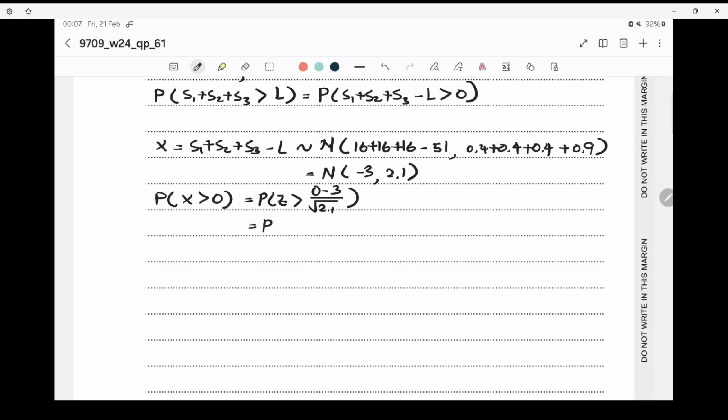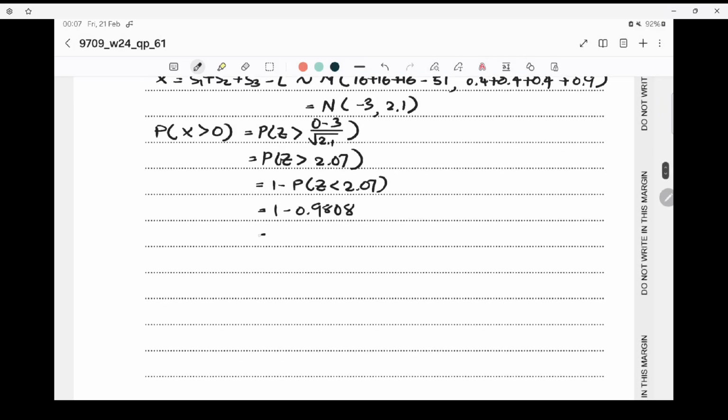So this is P(Z greater than 2.07). Change it so that you can read from the table. So this is 1 minus 0.989808. So the final answer is 0.0192.